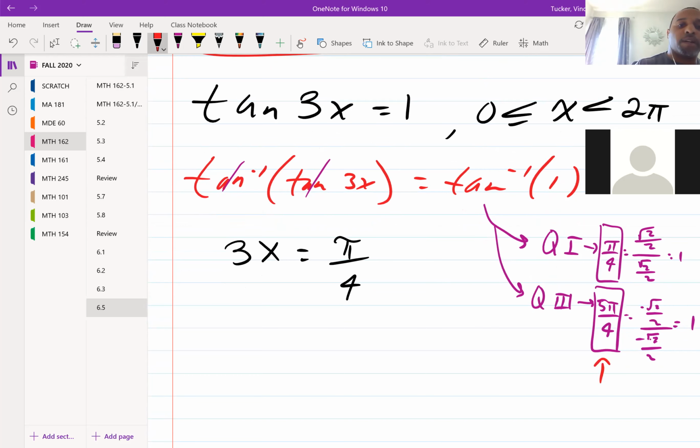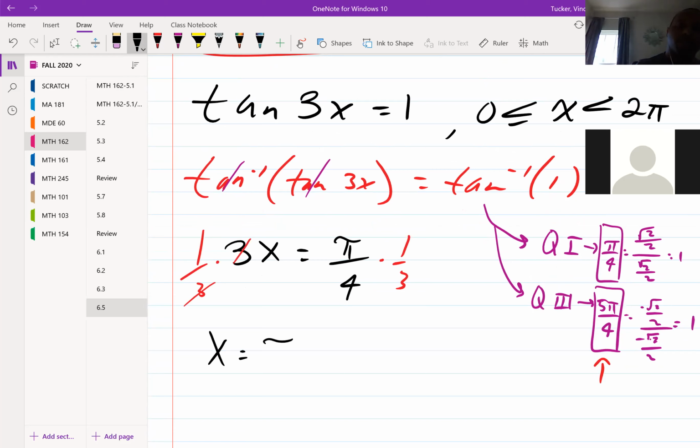So I want to multiply both sides by 1/3. That cancels out this 3, leaving me with x. And this is pi over 12. Now what we can do, and we're talking about our unit circle, pi over 4 is over here, 5 pi over 4 is over here.